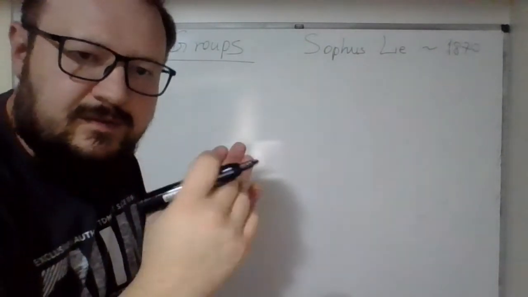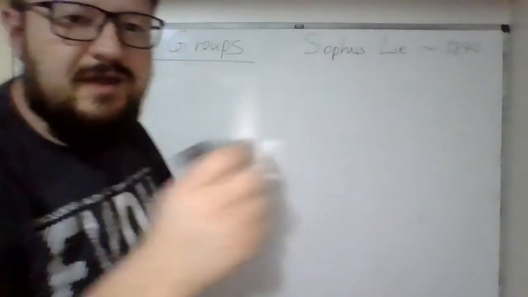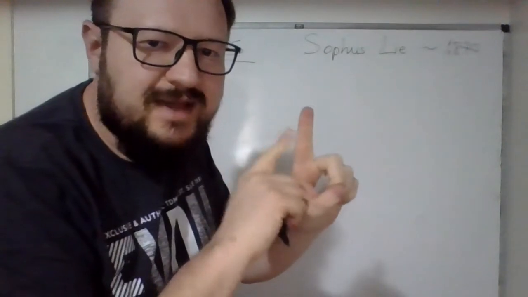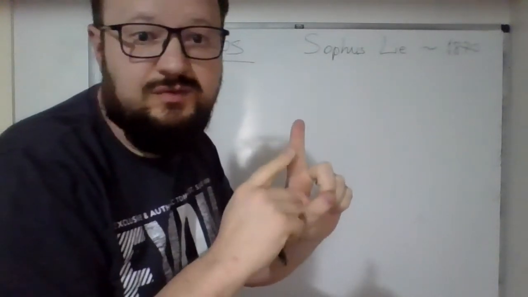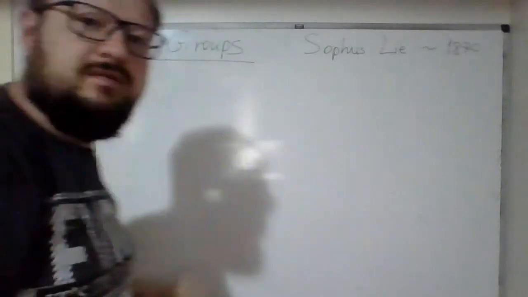If your transformation can be as small as you want and it is close to the identity, which corresponds to not transforming anything, you're talking about a Lie group.